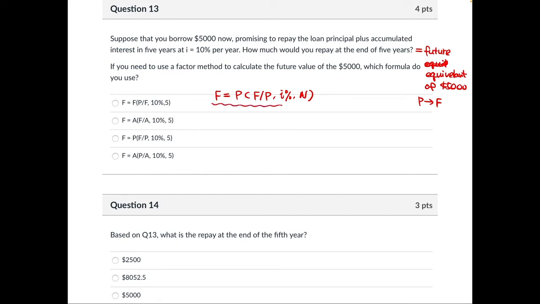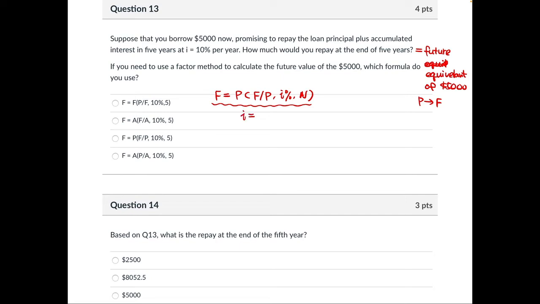We just wrote it down, right? And then you just need to find out what is i and what is N. For i, there is no statement about a different frequency to compound, which means it's compounded every year.